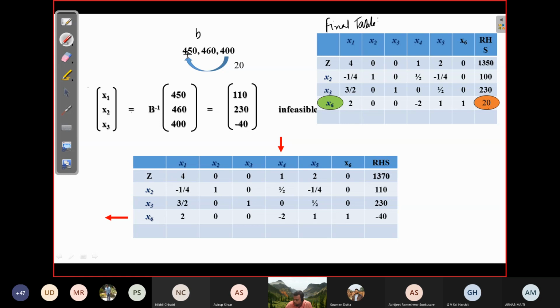So if you do that, what happens? Initially what was small b? Small b was 430.